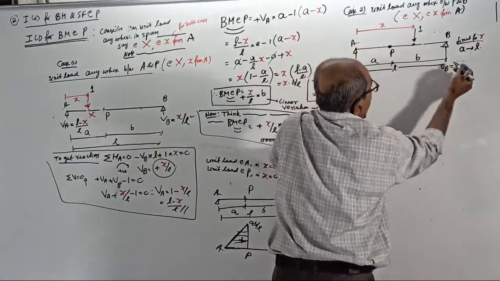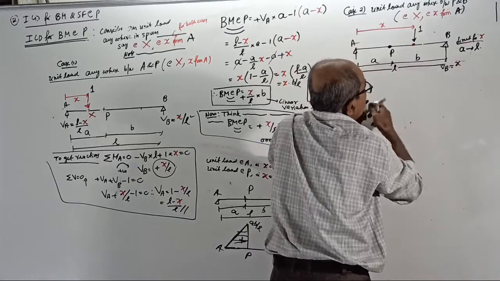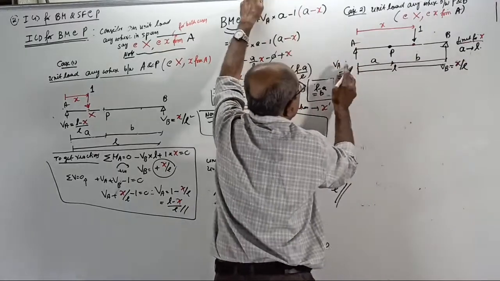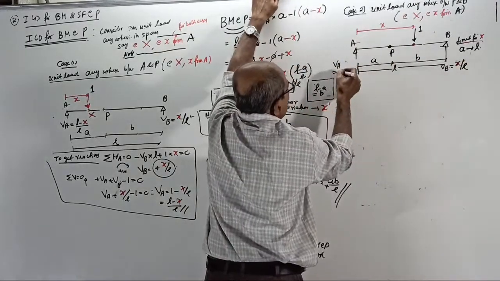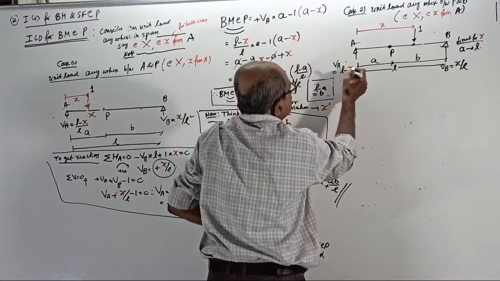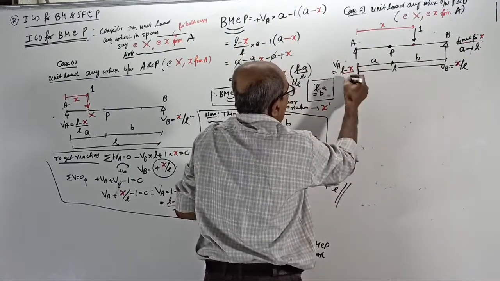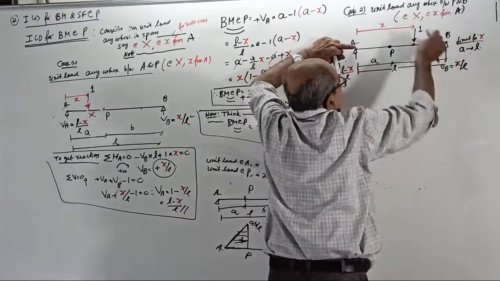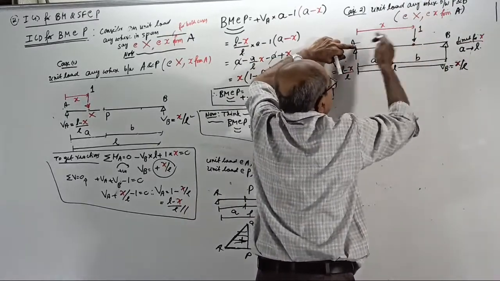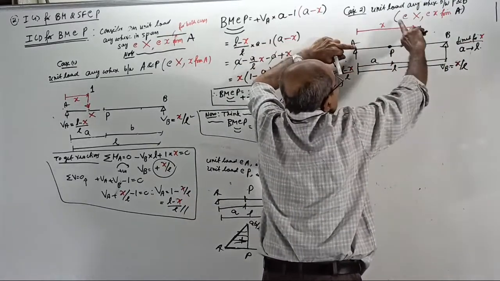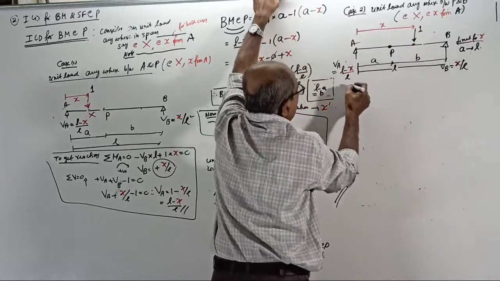VB will come x by L. VB will not change. VA will come (L minus x) divided by L. Same answer will come. Or take it once again. See, minus VB into L plus 1 into new x, not that x. Don't see that x now. Equal to 0.